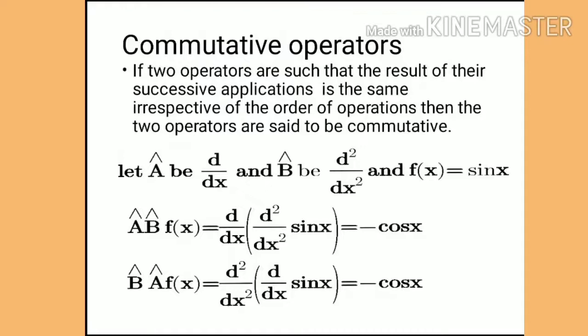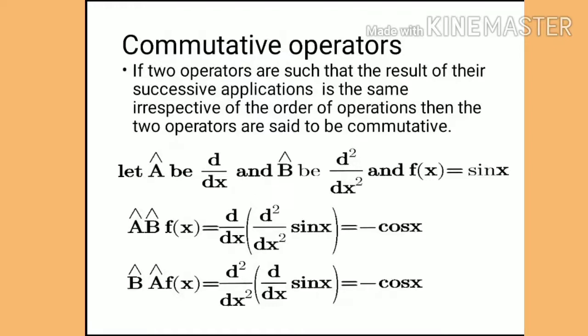Let a cap be d upon dx and b cap be another operator, d square upon dx square. The function fx is equal to sin x. So a cap b cap fx is equal to, in this case, first the b operator will be applied on function fx. After that the a operator will be applied.